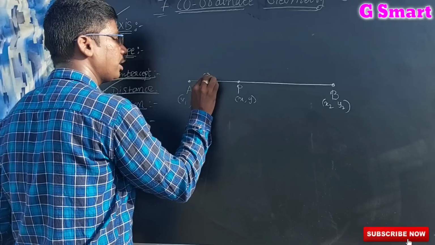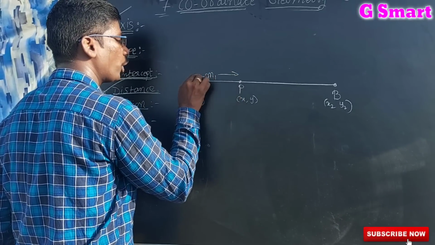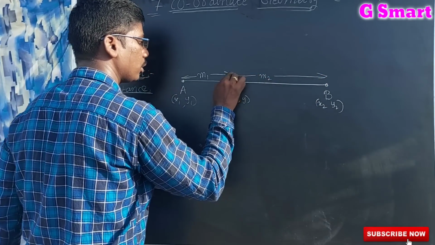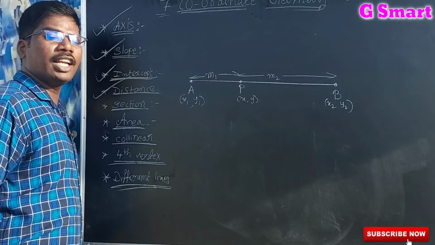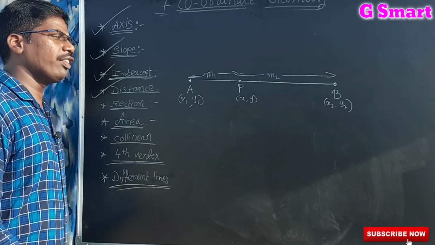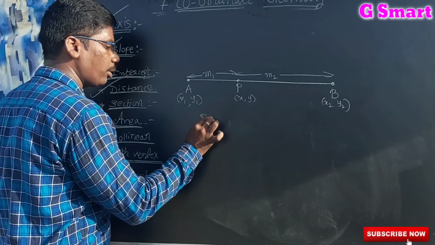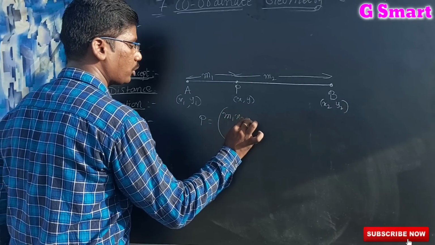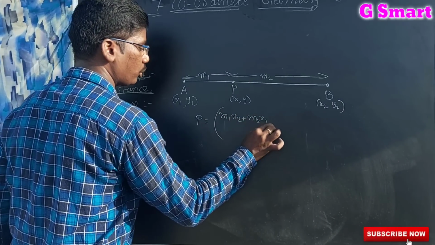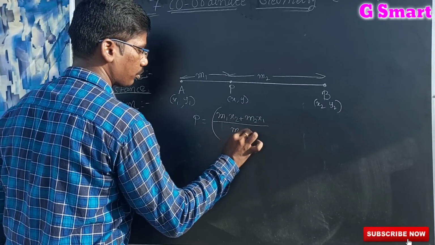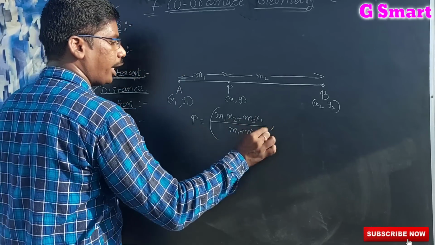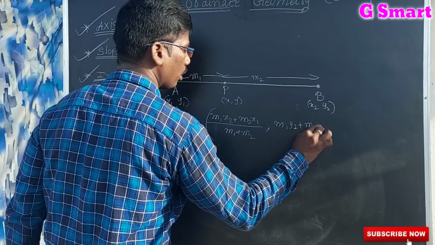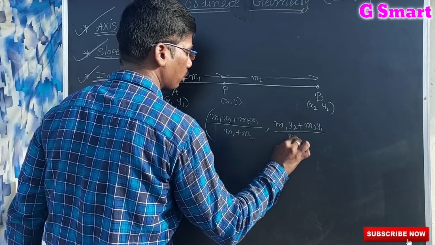It is dividing this line in the ratio m1 is to m2. Now this P is internally dividing the line, so we can say this is an internal point. So P = (m1x2 + m2x1)/(m1 + m2), and again (m1y2 + m2y1)/(m1 + m2).